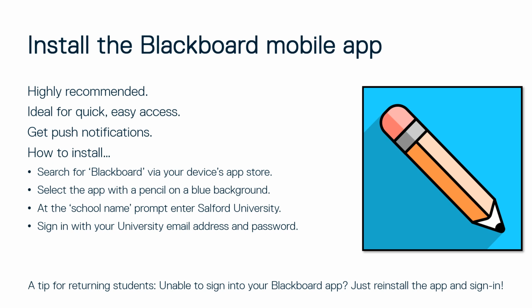So to install the app, search for Blackboard via the App Store for your device and select the Blackboard app that displays a pencil on a blue background. At the school name prompt, enter Salford University and sign in with your university email address and password. A tip for any returning students who are not able to sign into the Blackboard app, just reinstall it and sign in as usual.